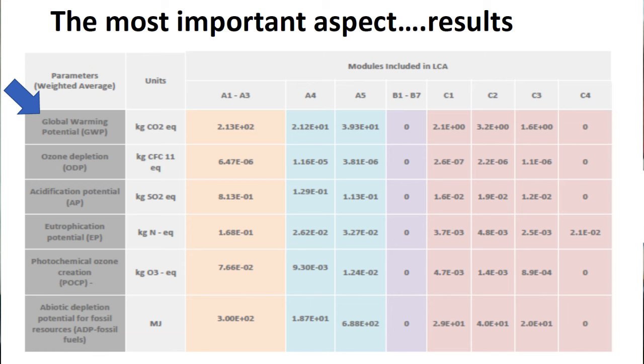And then you see the different impact areas here. And you see it expressed as A1 to A3, A4 to A5, B1 to B7, C1, C2, C3, C4. We can go into each one of those, but for brevity here, Lance, I want to just sort of explain that A1 to A3 is that cradle to gate, right?